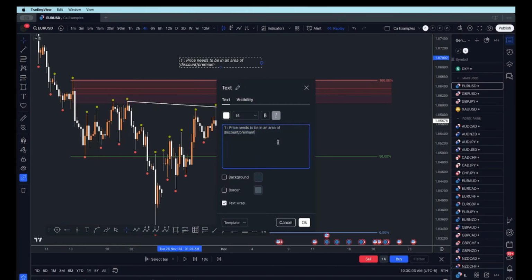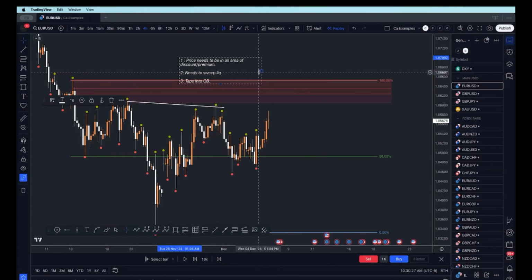Okay, so that's 1, and then 2, for this example, needs to sweep liquidity, and then 3 would be taps into order block, which is how a lot of supply and demand traders trade, really. Okay, so that's just 3 confluences right there.